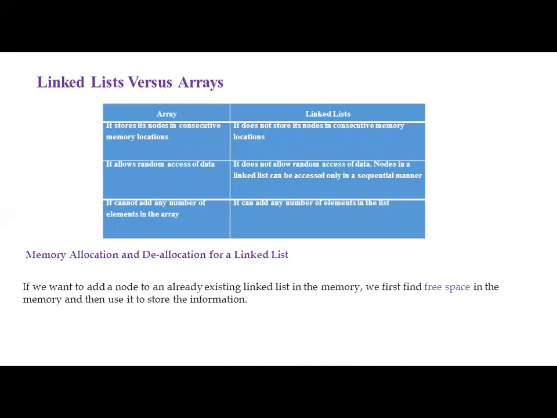Now, let us compare the array-based implementation of ListADT and the linked list implementation of ListADT. In array-based implementation, the main thing is all the elements must be stored in sequential, consecutive memory locations.